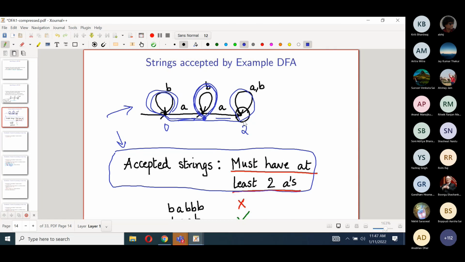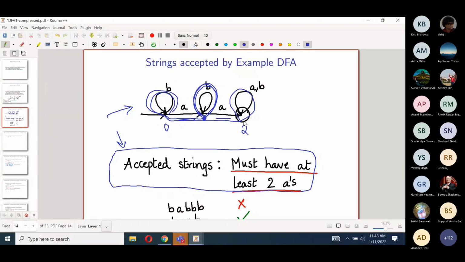We can represent it in such a way that it will not be possible to enumerate the entire set of strings that must have at least 2 A's, at least not in a finite way. This can be countably infinite.